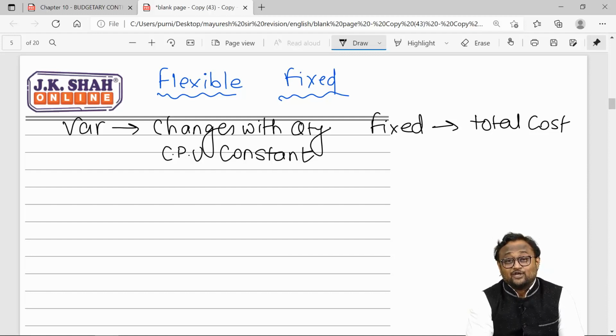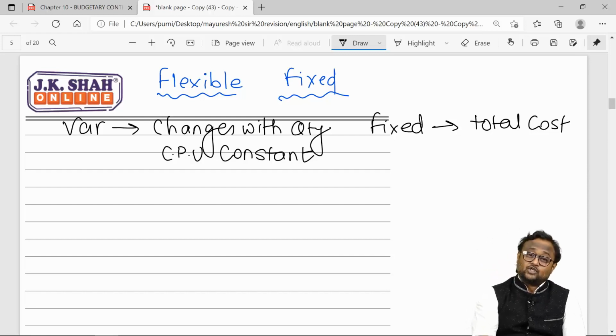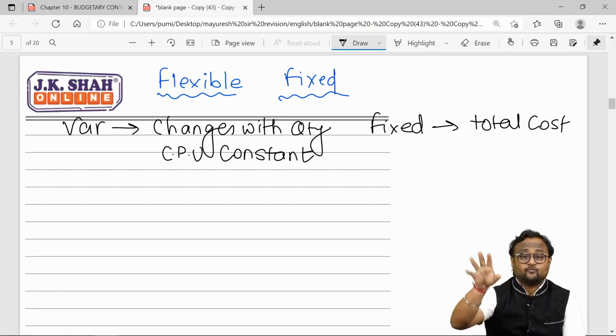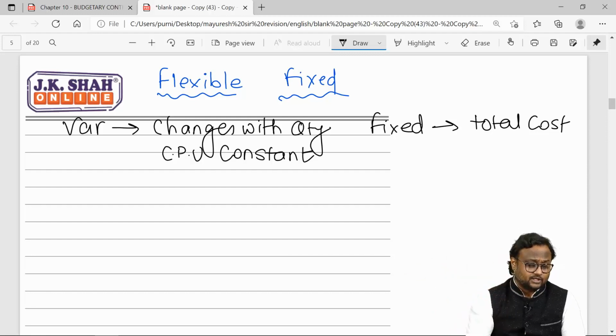In fact, that is the reason why we need to split semi-variable as variable and fixed, because in case of a semi-variable cost, the variable portion will change, the fixed portion will remain same. So for the variable portion, you change the CPU. For the fixed portion, you change the total if there is a change in the variable and fixed cost structure.